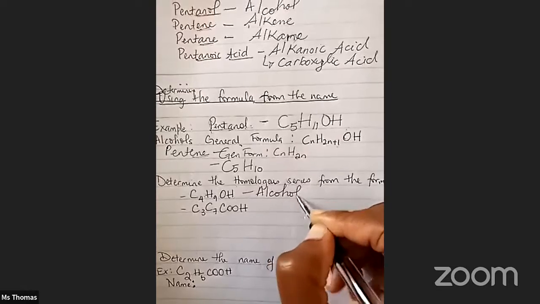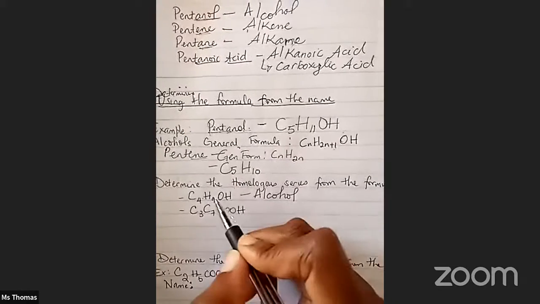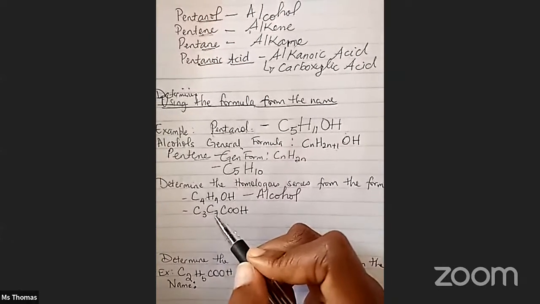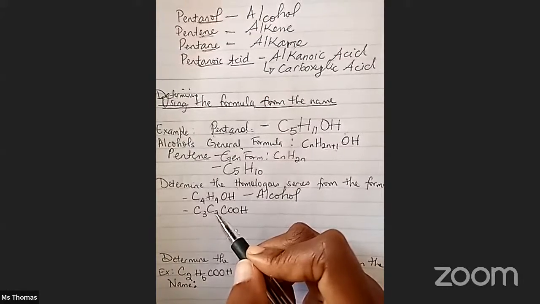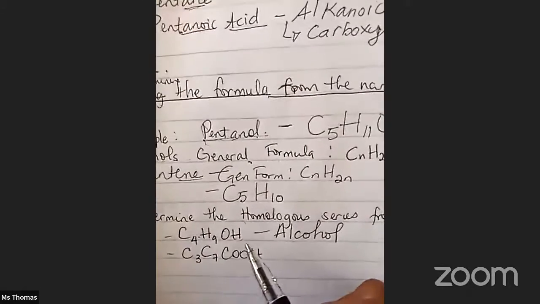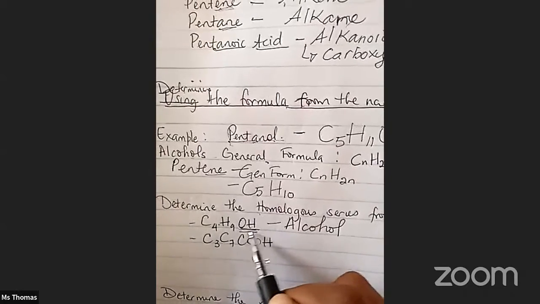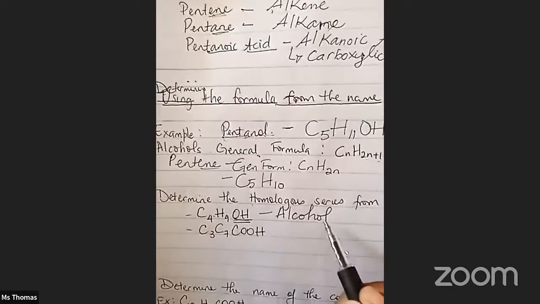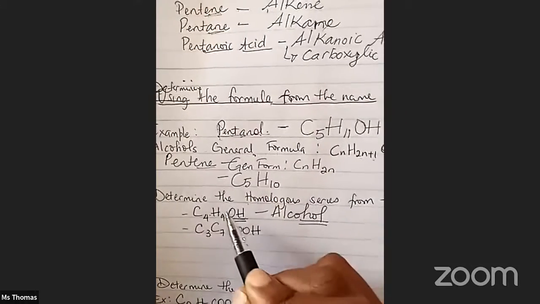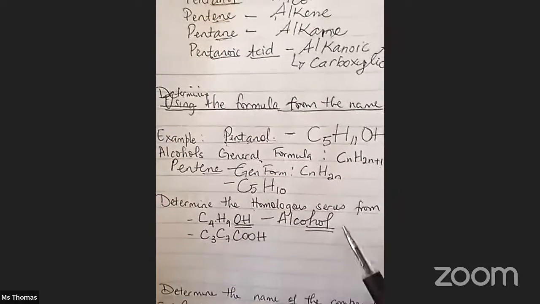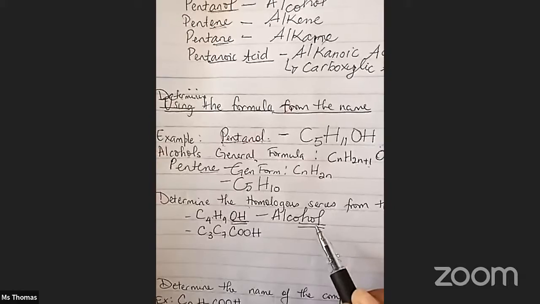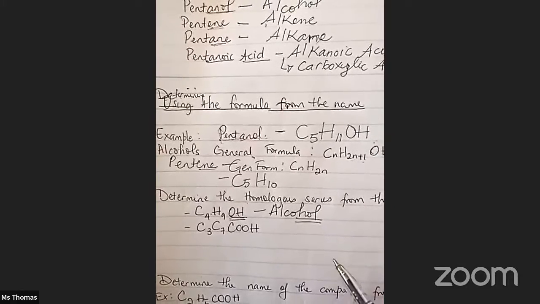Because the formula would be Cn, and then the H would be 2n+1. So it would be 4 times 2 is 8, plus 1 would be 9. Right. And the easier way is that anytime you see an OH group, that is the functional group of alcohols. So all alcohols contain an OH group at the end, and that is how you identify alcohols.